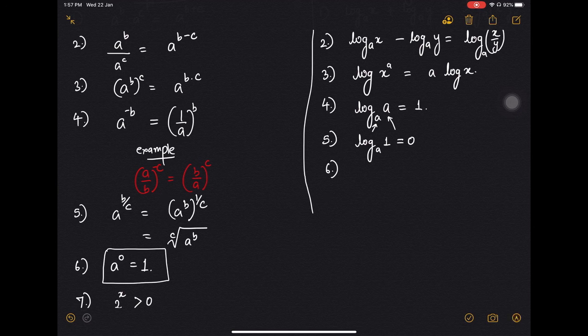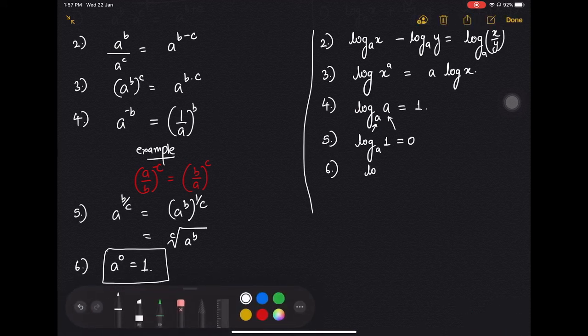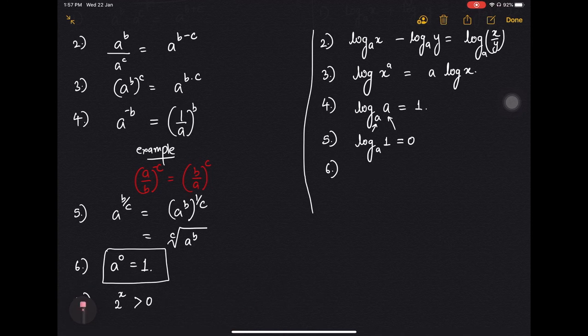Sometimes you have an equation which looks like this: log base a of x plus log base b of y. Now you can't do anything with this.